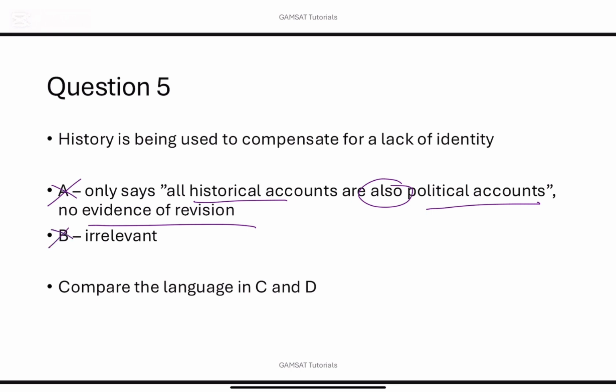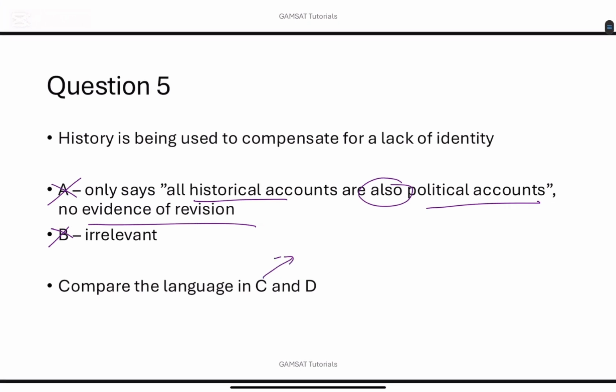And this is where I want you to compare the language here. So C, should be determined. C, should be. D, will always be.